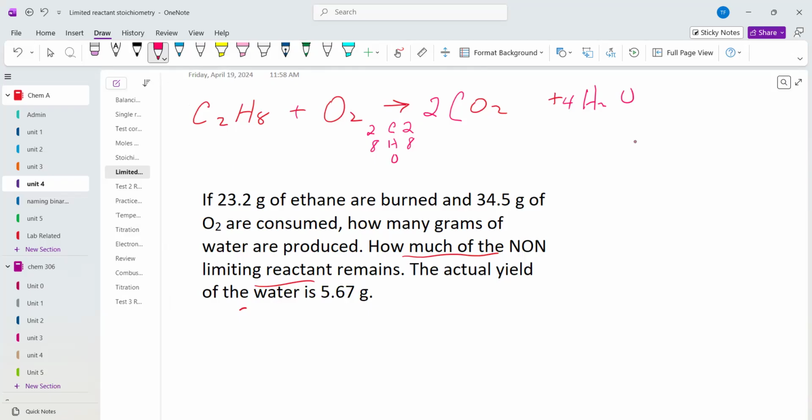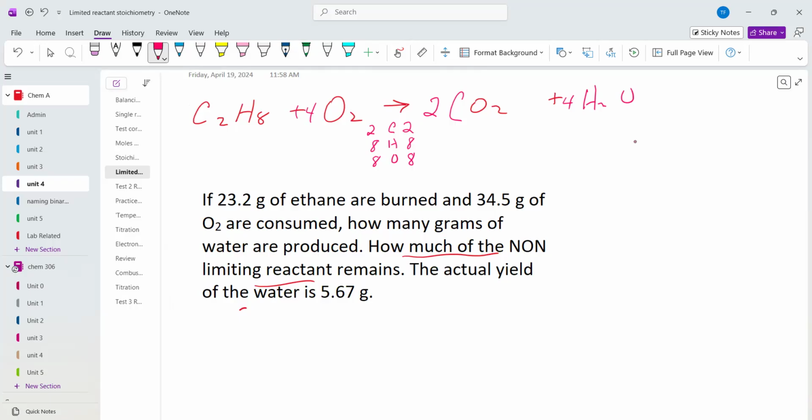Oh, you're balancing it as you go, right? I am. Yes. And then we need 8 oxygens on the left. Okay, so it's balanced now.